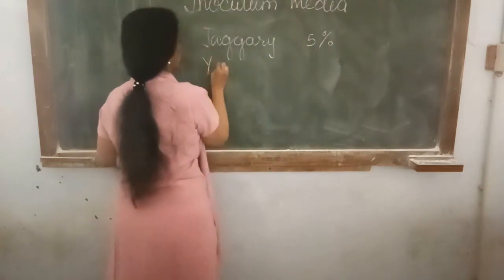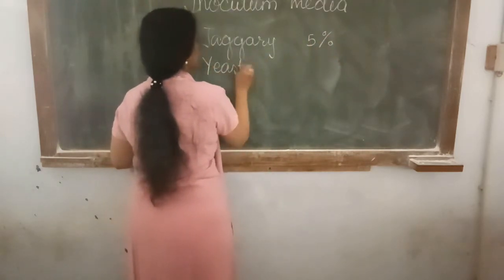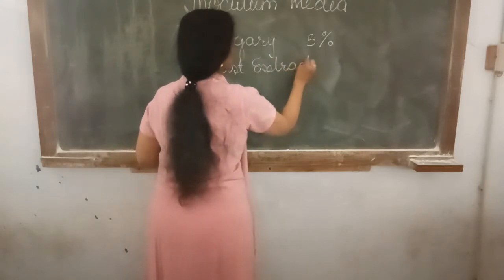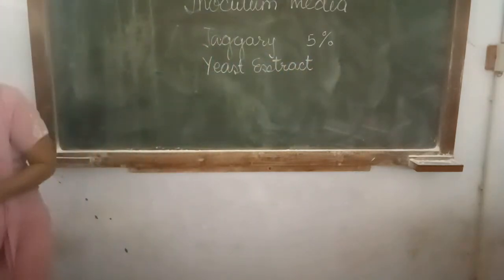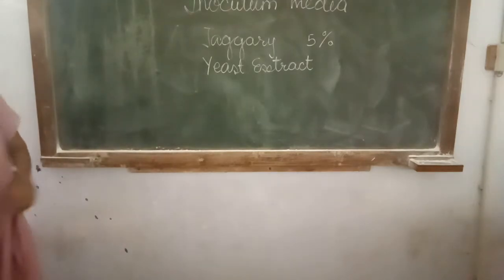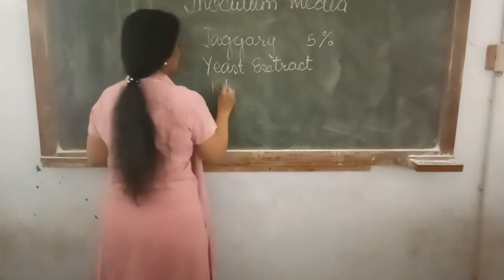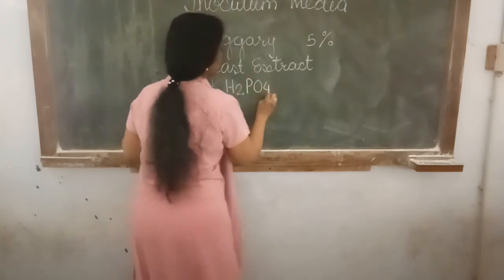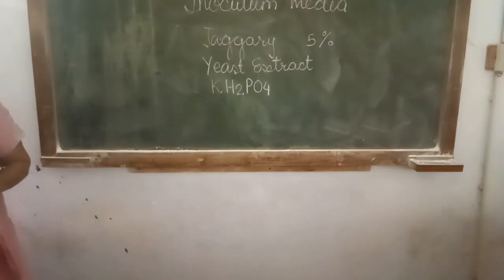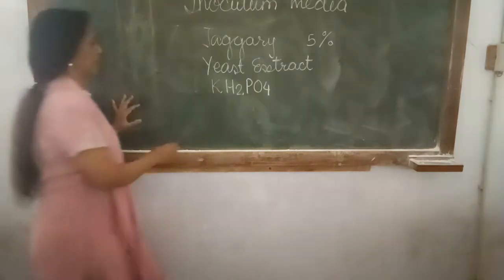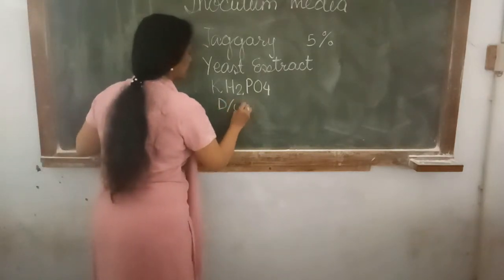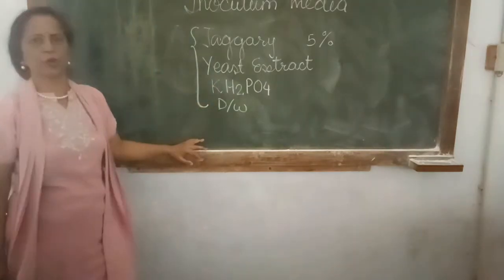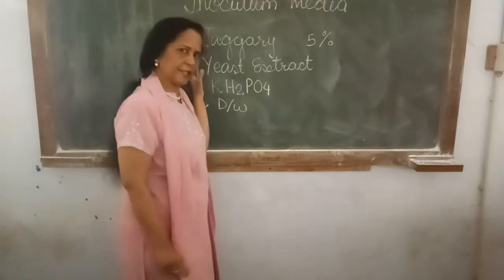Then yeast extract is added, and potassium dihydrogen phosphate is added, along with distilled water. These are all the ingredients for preparation of the inoculum medium.